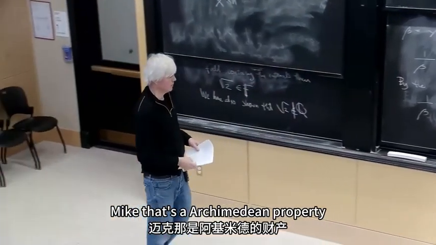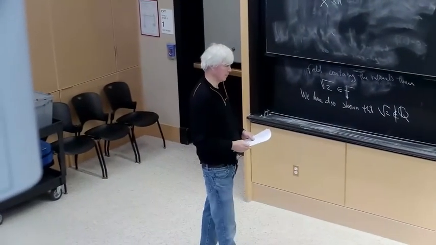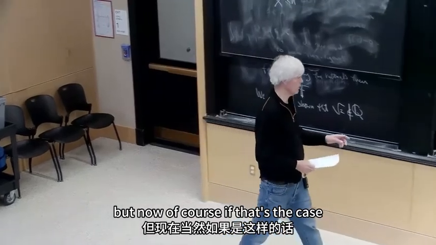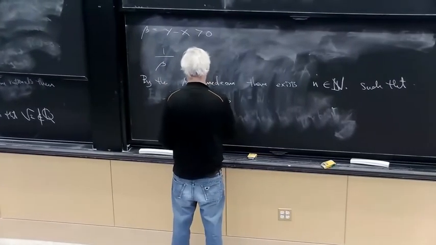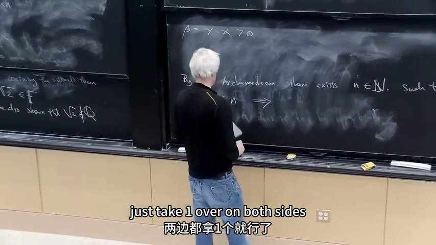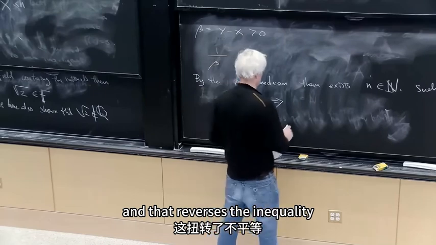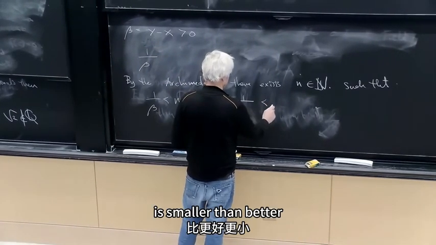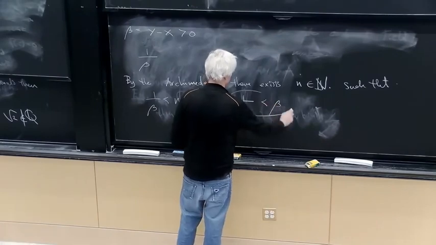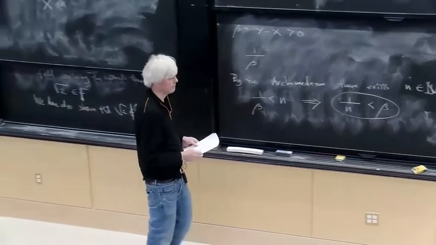That's the Archimedean property. It gives us this n. But now, if that's the case, you just take 1 over on both sides, and that reverses the inequality. This implies that 1 over n is smaller than beta. So we get that.